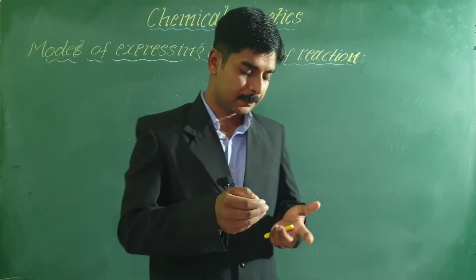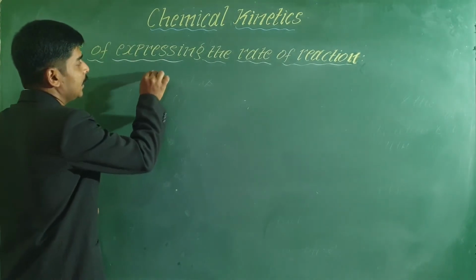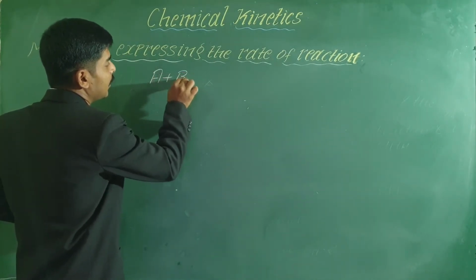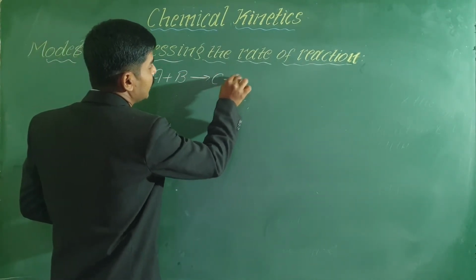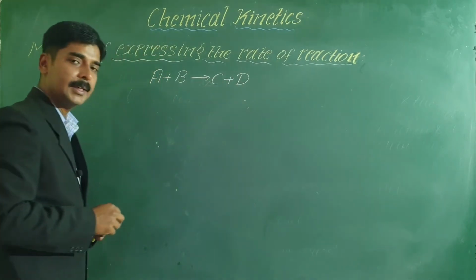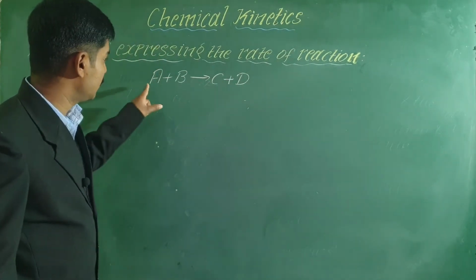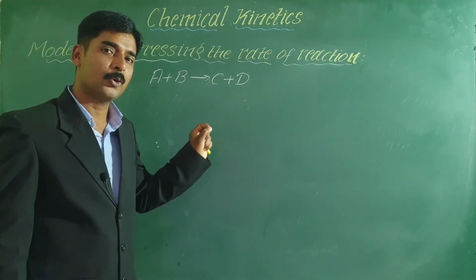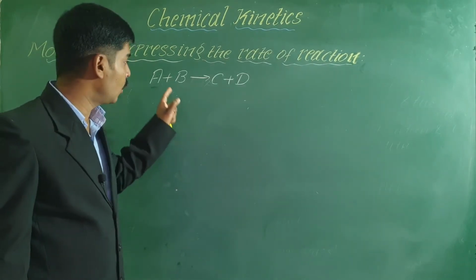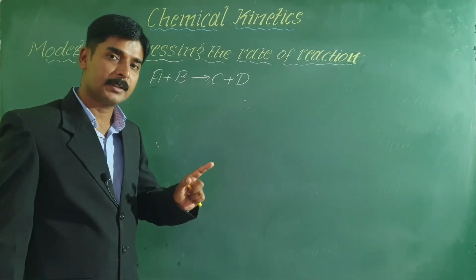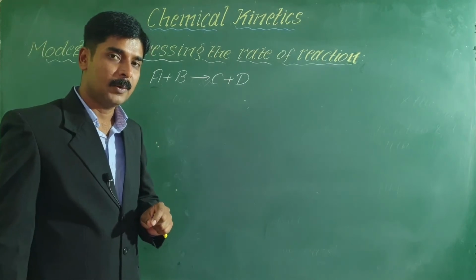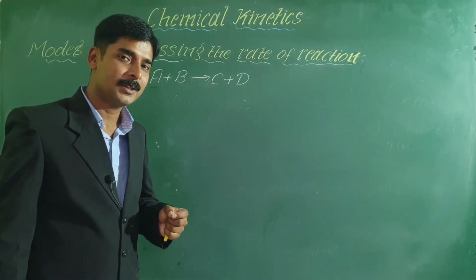For example, let us consider a reaction of the type A plus B gives C plus D. Here you must note down that the stoichiometric coefficient of all the reactants and products is equal to 1. What do you mean by stoichiometric coefficient?